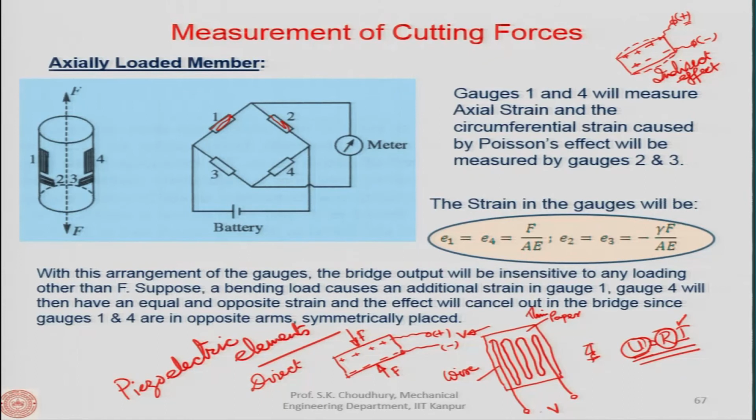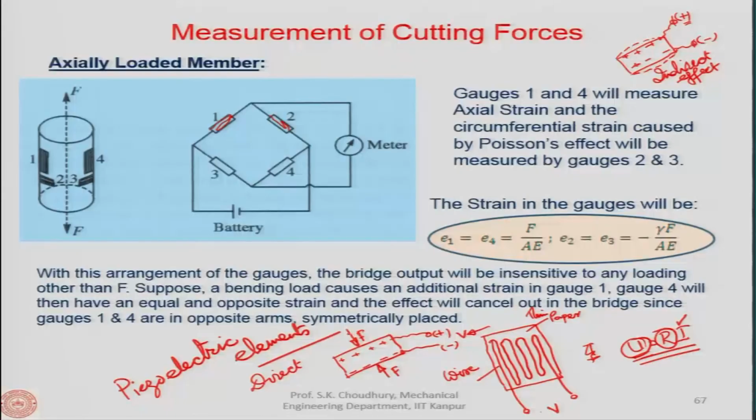Now, both these effects are being used in mechanical engineering these days for making transducers of very high quality and very high sensitivity. Once you are measuring the forces, you apply the force and find out what the voltage is at the output.